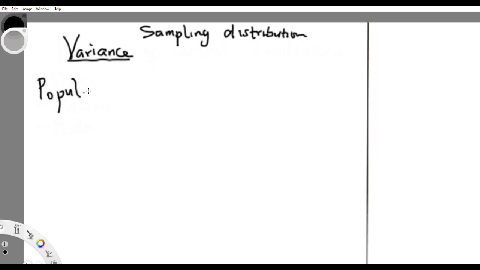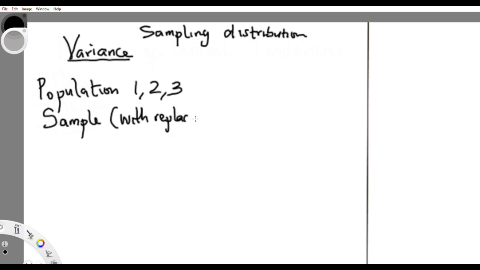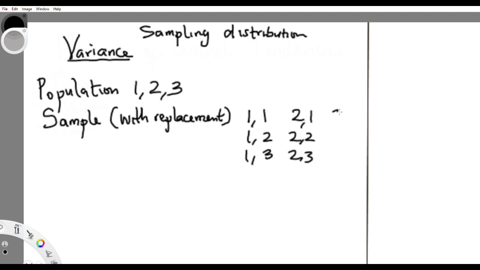Let's take the same population we used in the previous video, and let's sample with replacement this time around. We're sampling with replacement, picking the samples as you still remember: 1 1, 1 2, 1 3, 2 1, 2 2, 2 3, and 3 1, 3 2, 3 3.